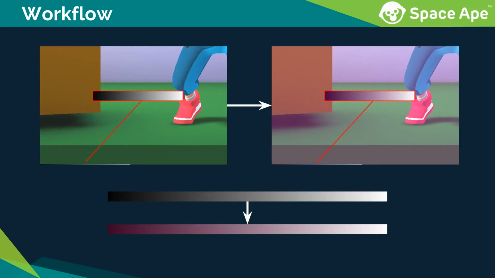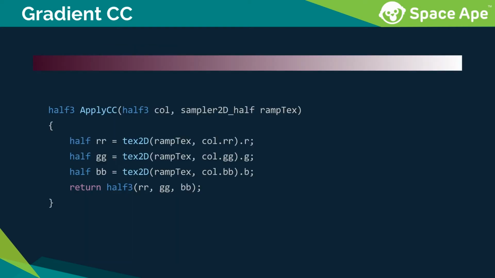So the way that was done, every time you capture a screenshot with the tool, it creates that little gradient at the bottom left corner. Then we go into Photoshop, and when we adjust the colors, the gradient adjusts in turn as well. And we get that gradient, we extract it afterwards, and we run this code through it. This basically remaps every single channel to the gradients, and you get the exact same color correction.